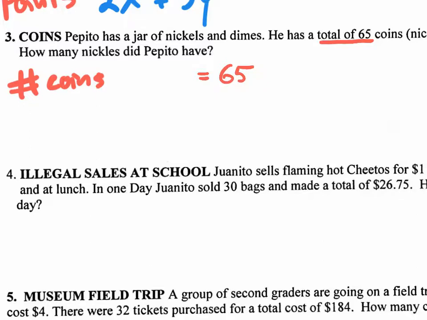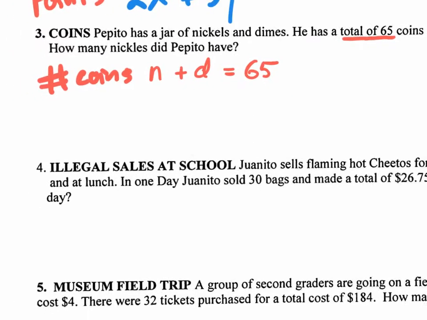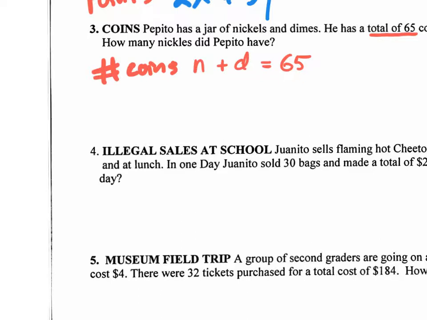No. Do we know how many dimes? No. So we're going to say, I don't know how many nickels and I don't know how many dimes, but I know if I add them together, it'll give me a total of 65 coins. And ladies and gentlemen, this is an equation based on the number of coins. Now, what other factor do we have in this problem? Not just number of coins, but we also have actual money, right? Like the actual value. How much total value does Pepito have?